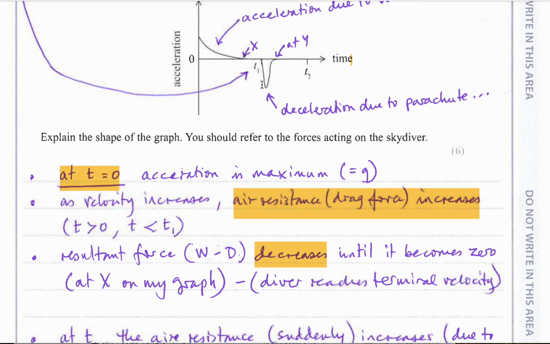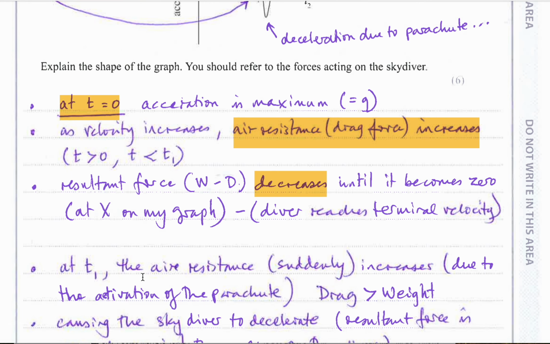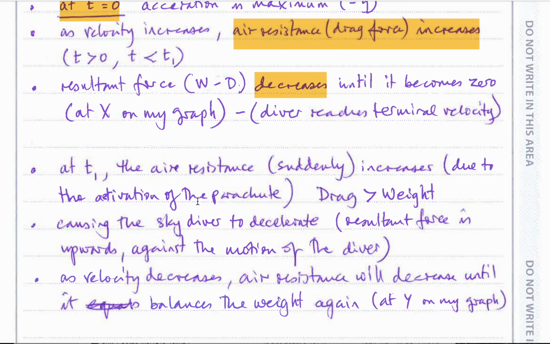And then a bit later at t1, the parachute opens. At t1, the air resistance suddenly increases due to the parachute being activated, and the drag will at that point suddenly increase, and the drag will be greater than the weight for that time. So remember, the weight never changes.